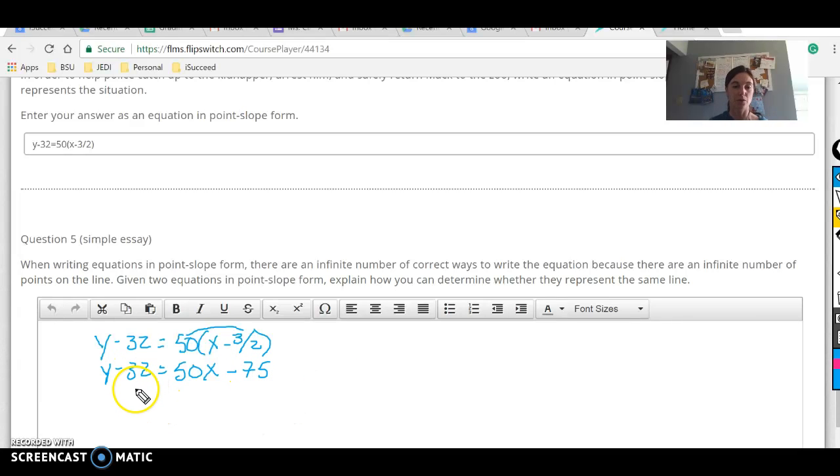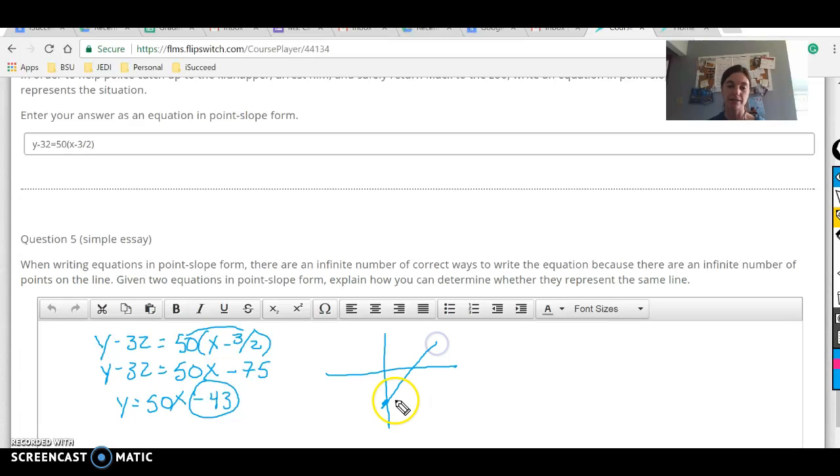Then if I add 32 to both sides, I get y equals 50x minus 43. So minus 43 is my b value. It's where this particular line would cross the y-axis.